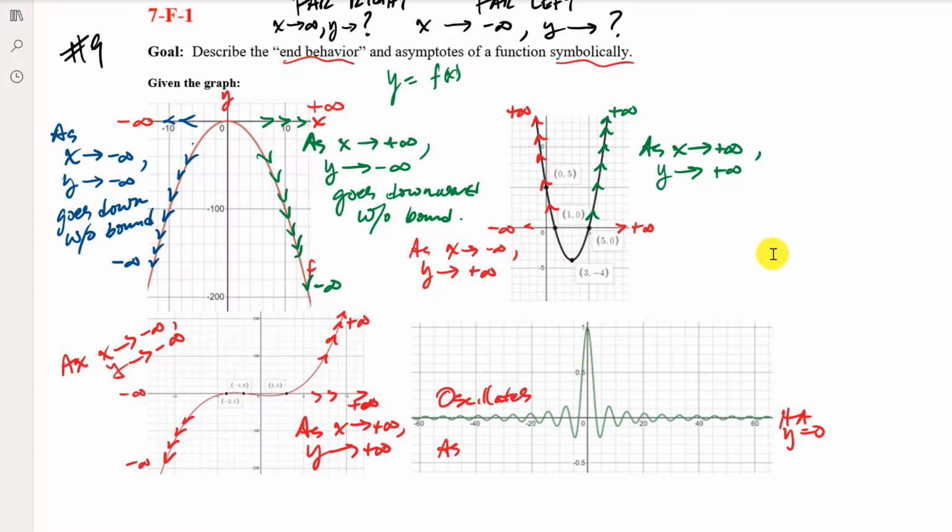So I can say that as x approaches negative infinity, as you go to the left, y approaches 0. Why? Because it gets closer and closer to the x-axis, which has a y coordinate of 0. Same thing happens on the right: as x approaches positive infinity, y oscillates up and down over the x-axis, so y approaches 0 in this case.